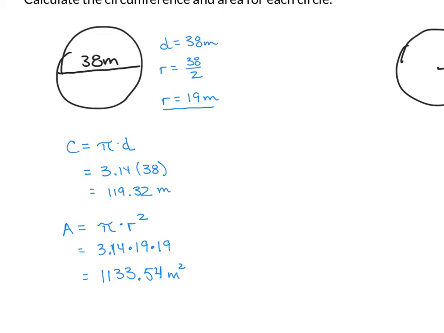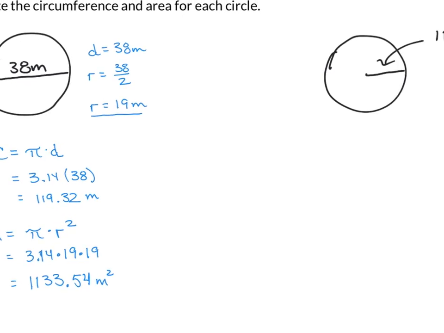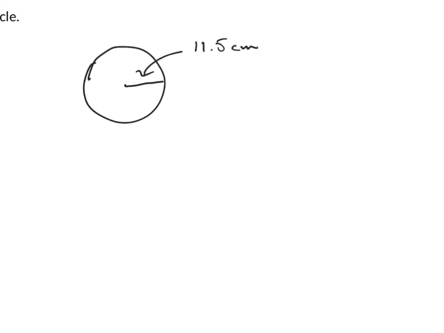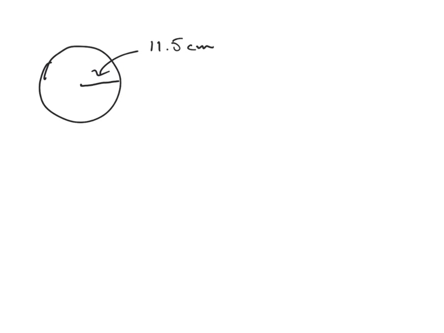Alright, so that takes care of the first example. The second example, we have 11.5 centimeters. This is my radius. You can calculate the diameter if you want, but we do have a formula for both circumference and area in terms of r. So I'm going to use that formula instead. My formula for circumference is 2 pi r.